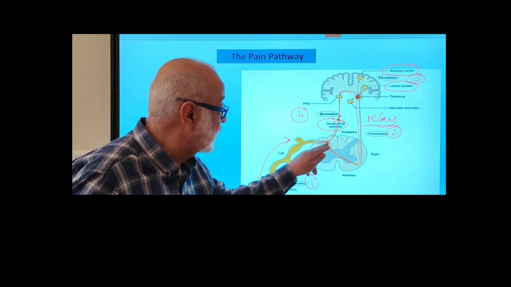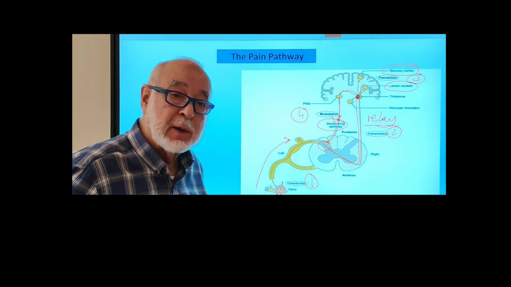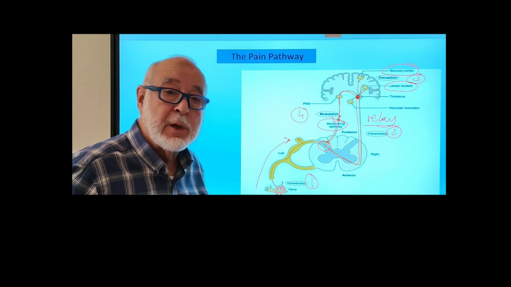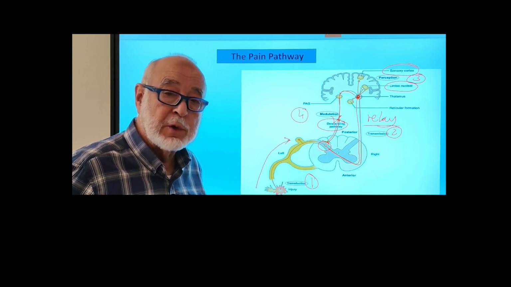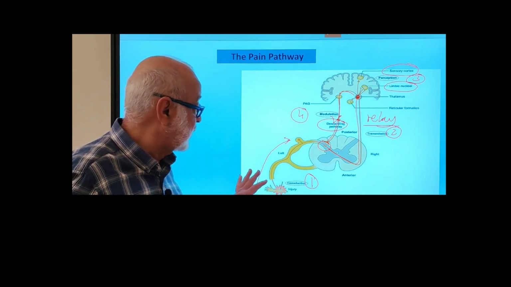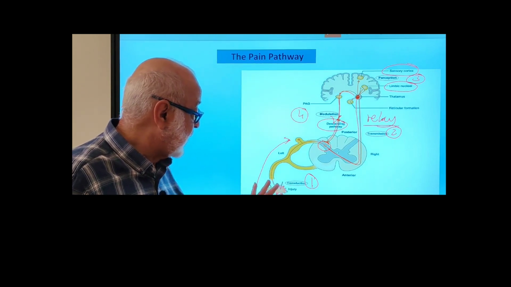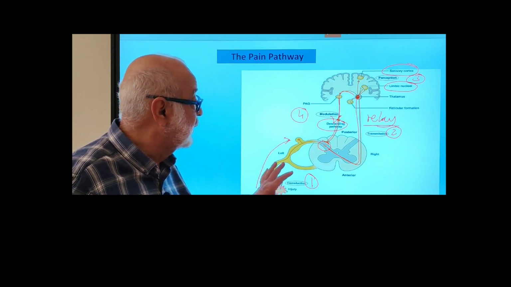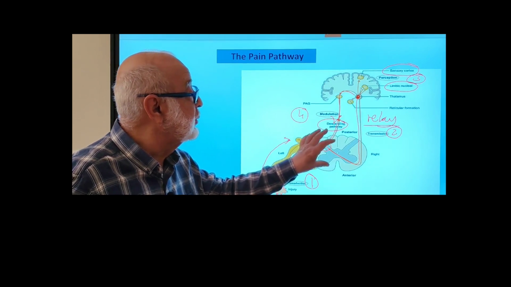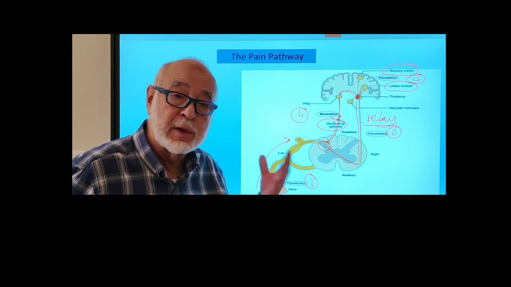Because inhibition will take place at the dorsal horn of the spinal cord, and this inhibition involves many neurotransmitters, including noradrenaline, 5-hydroxytryptamine, and GABA. Okay? So this is what we covered last lecture, and we said that analgesics act at different sites. Either they act at the level of transduction, or at the level of transmission, or at the central level.